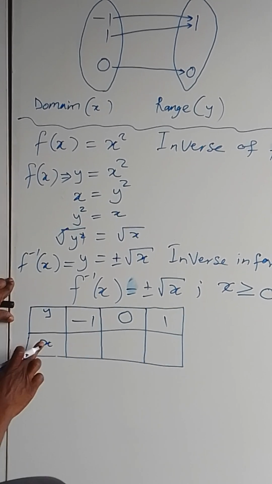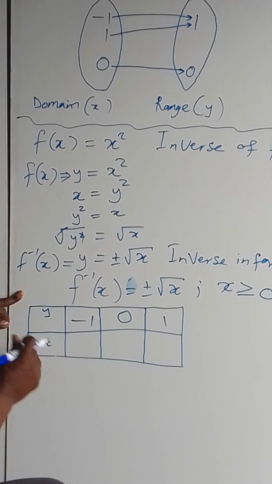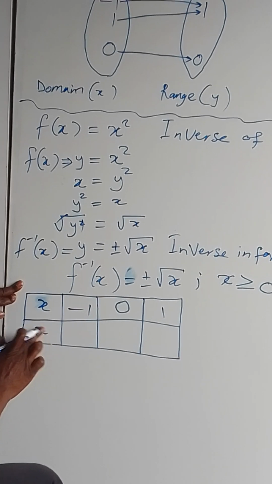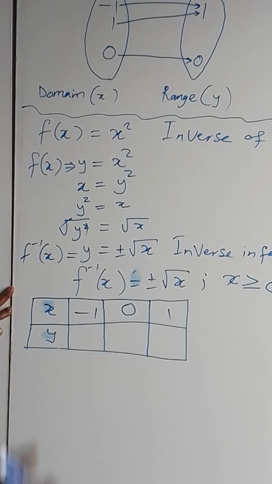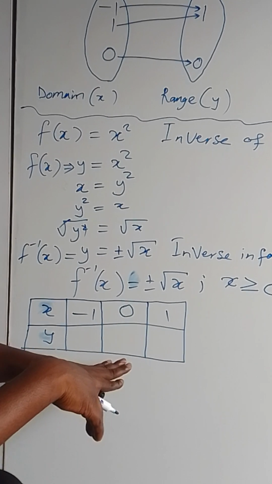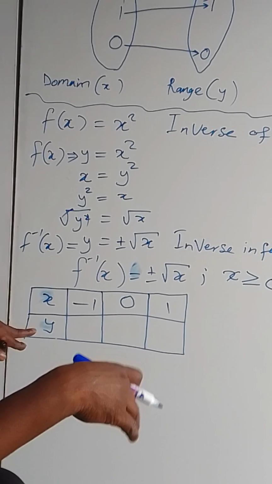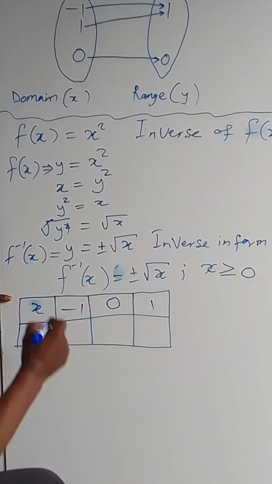Rather, let's not swap because we have represented this as f at x. Let's just remain as x here and remain as y here. This is just an illustration. We are coming to do the examples where you will see how we swap the values of x and y. But for now, let's use the value of y as that.